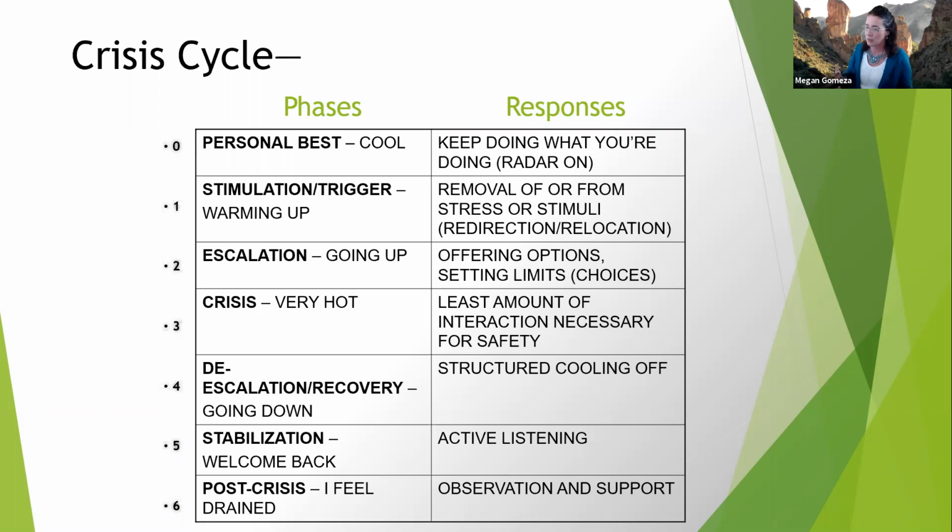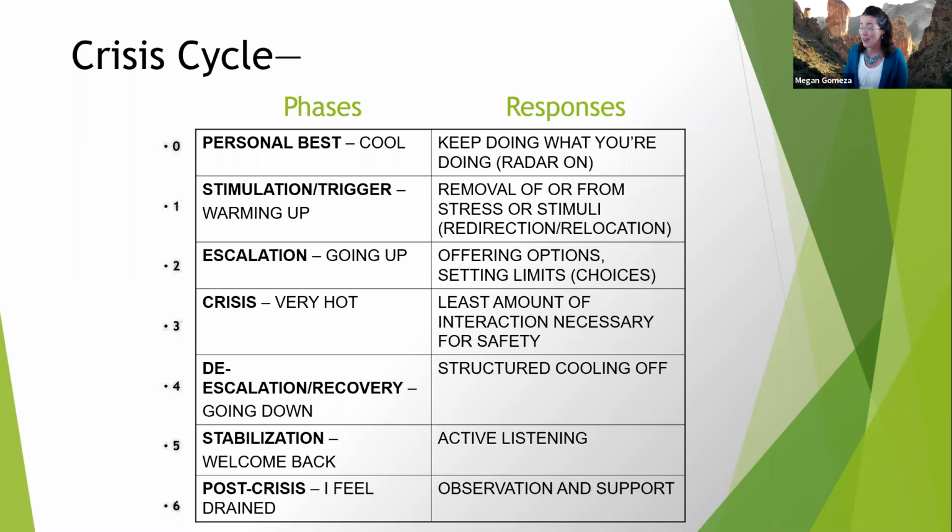So they choose to continue on what we're working on, and the crisis gets very hot. When the crisis gets hot, the least amount of verbal interaction necessary for safety and physical interaction necessary for safety is key.